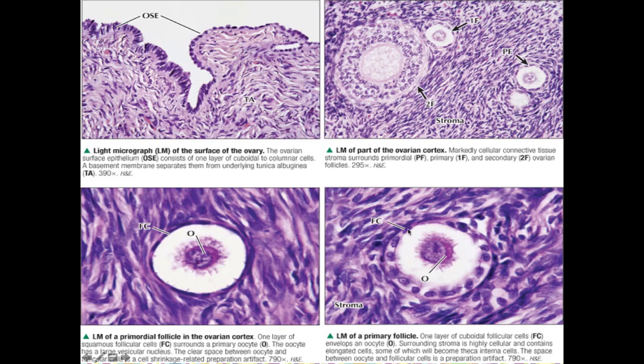Then there is a primary unilaminar follicle with one layer of cuboidal follicular, now called granulosa cells. And this is primary multilaminar follicle, one oocyte. Here you can see the acellular eosinophilic zona pellucida layer and many layers of granulosa cells on basal membrane.